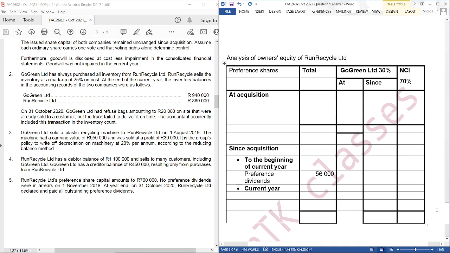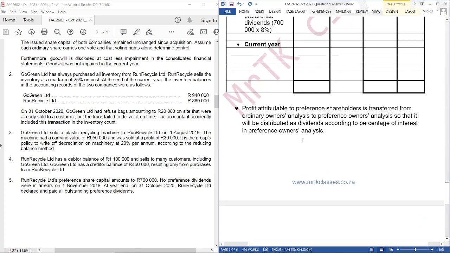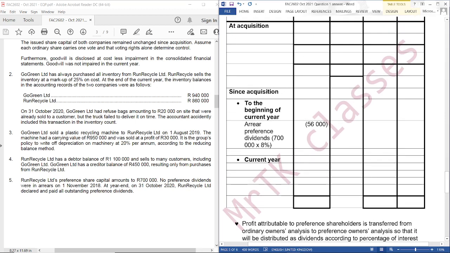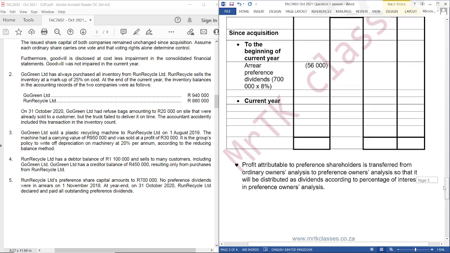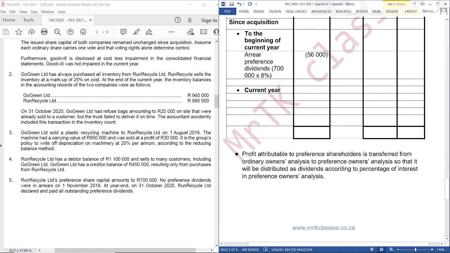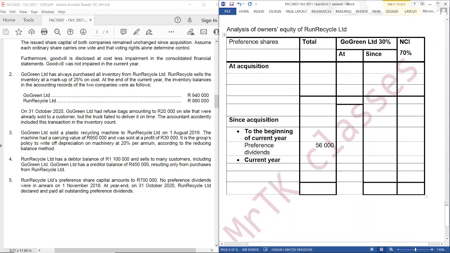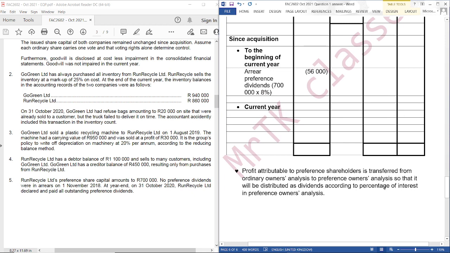The reason why we are doing this is that profit attributable to preference shareholders is transferred from the ordinary ownership analysis, which is this, to the preference ownership analysis, which is this, so that it will be distributed as dividends according to the percentage of interest in the preference ownership analysis.